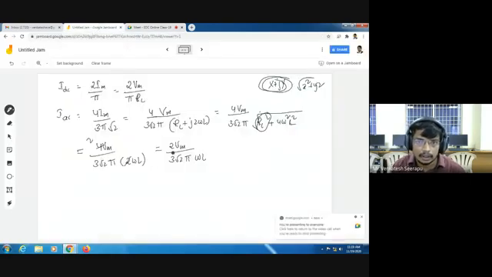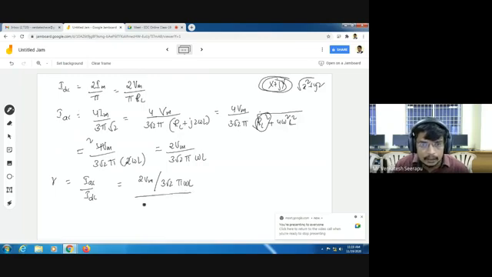So I got the equation for IAC as 2 Vm by 3 root 2 pi omega L. And now I want to find the ripple factor value. It is the AC component by the DC component. So here I have IAC as 2 Vm by 3 root 2 pi omega L, divided by the DC value 2 Vm by pi RL.